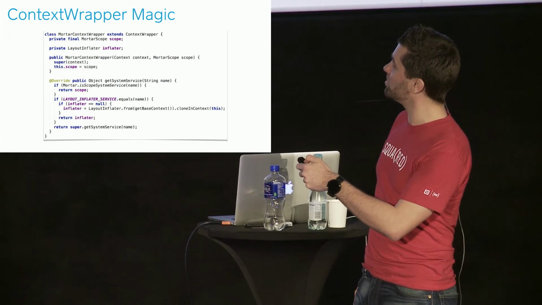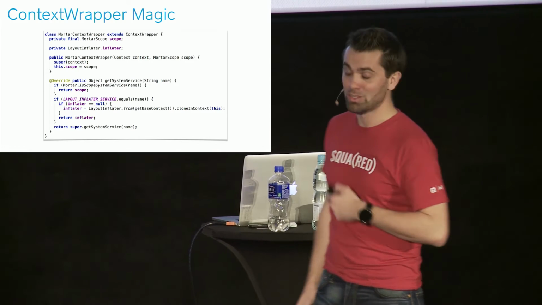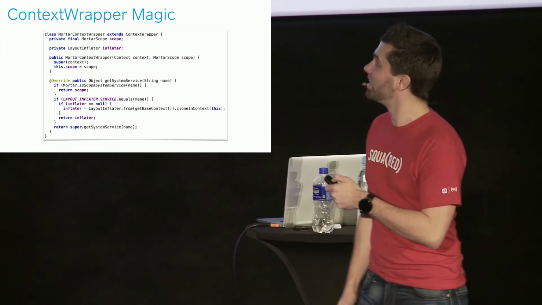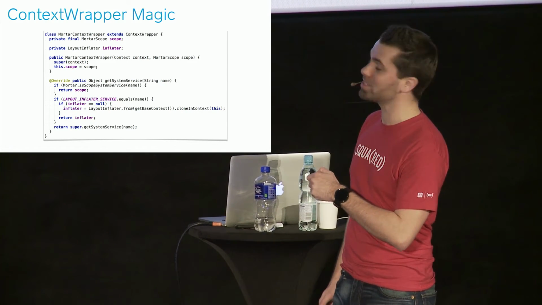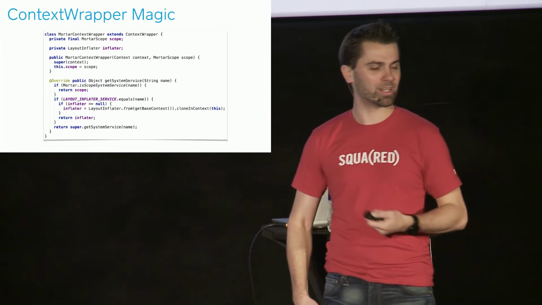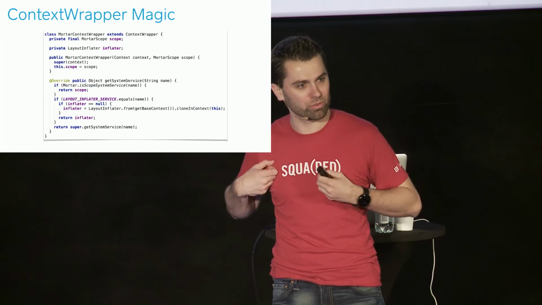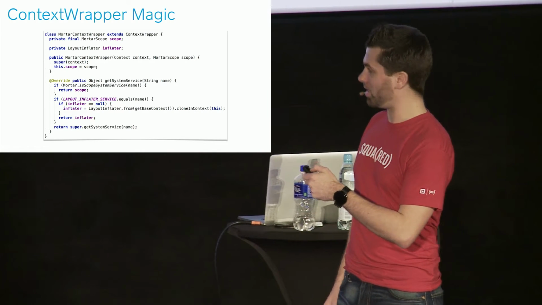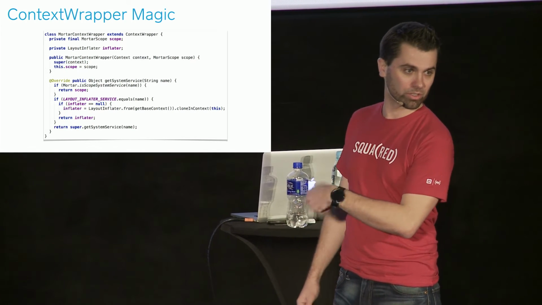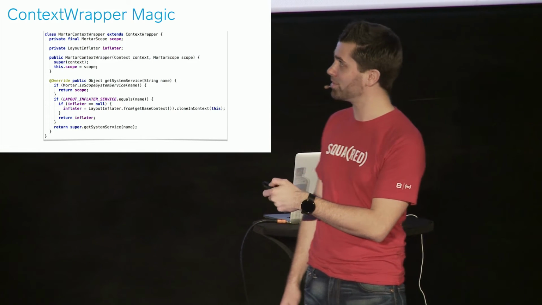But then the interesting bit is getSystemService. So we abuse getSystemService so that if the name is something we know of, here it would be like Mortar scope something, we're like, oh, that's the thing I know. I'm going to return my objects. Otherwise, we just return the normal one, so you can get access to the normal system services.